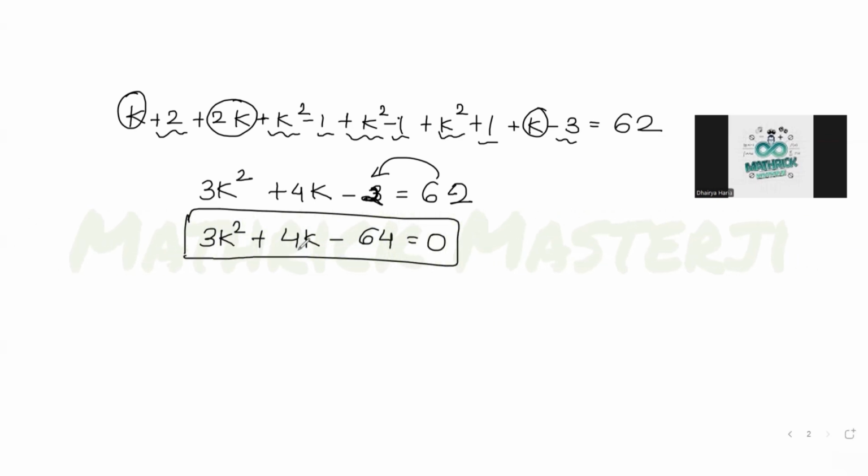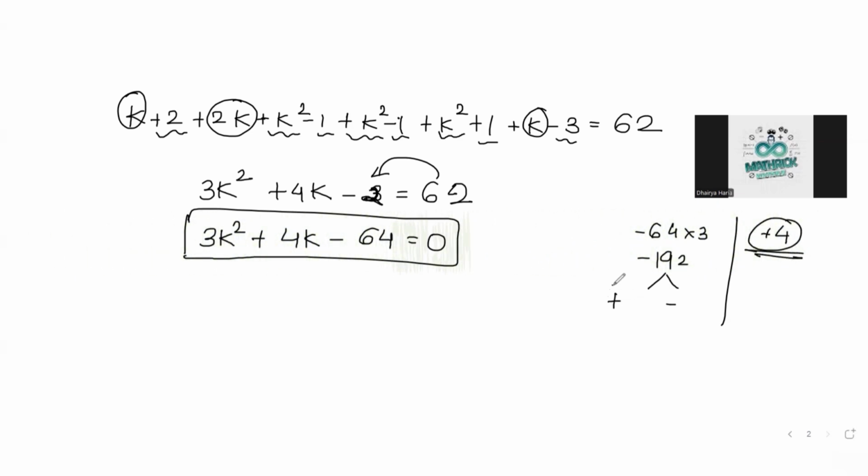We need two numbers such that their product is minus 64 times 3, which is minus 192, whereas their sum is 4. First of all, the product is negative, so one number should be positive and the other negative. Because the sum is positive 4, the greater number should be positive and the smaller number negative.